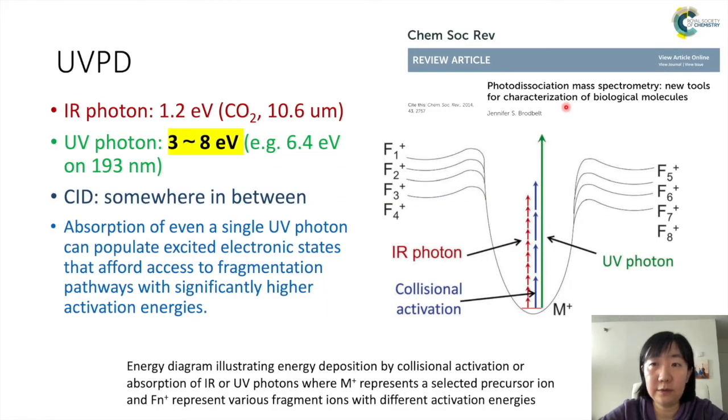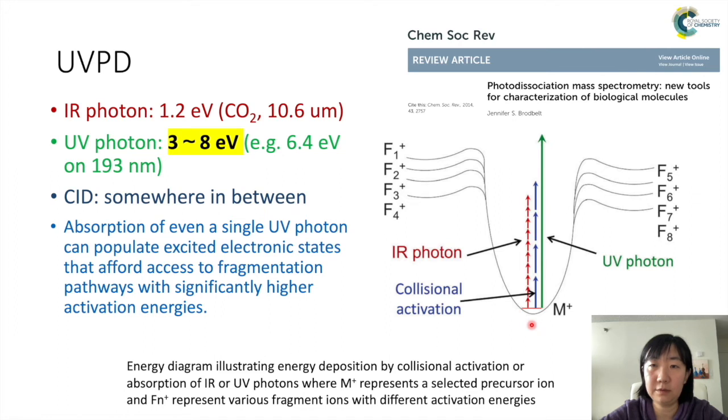Let's get some points first by comparing the UVPD energy diagram to CID and IRMPD. This energy diagram illustrates energy deposition by collisional activation or absorption of IR or UV photons.